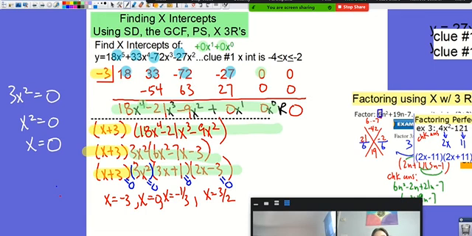Add it, get -9, and you get the 27. Then 0, 0, 0, 0, all the way down the line. Now remember, your largest exponent is 5.